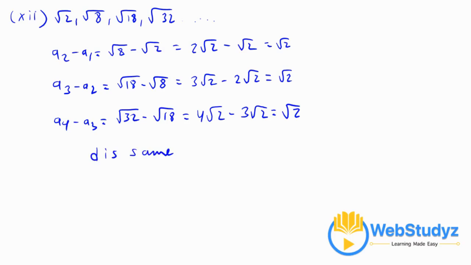That means the given series is in AP. So we have to calculate the next three terms of the series, which will be A5, A6 and A7.